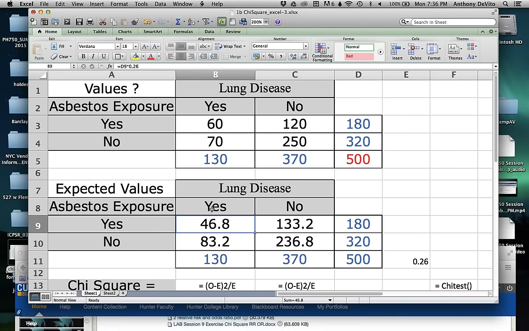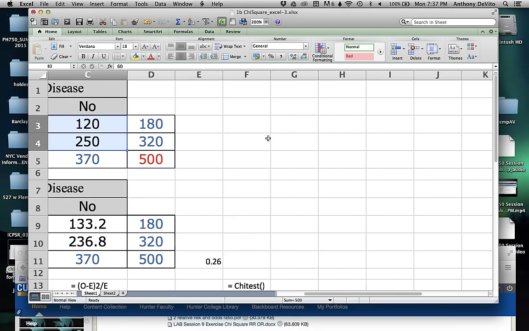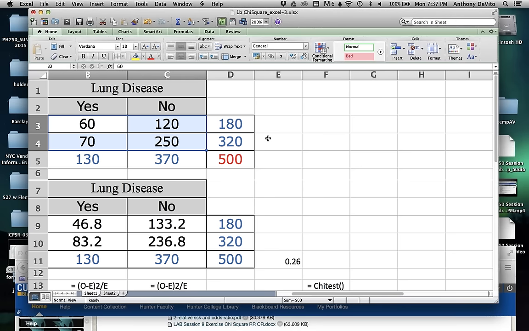So it stands to reason that the bigger the differences between my expected values and my observed values, the more likely those differences are real and due to the exposure, rather than just being due to chance. So I want a number that's going to predict for me whether or not this is a big difference. One of the ways I can do this, I'm going to do right now.